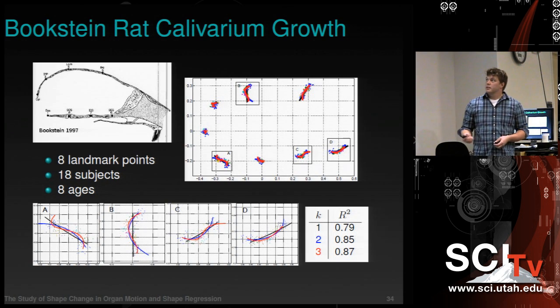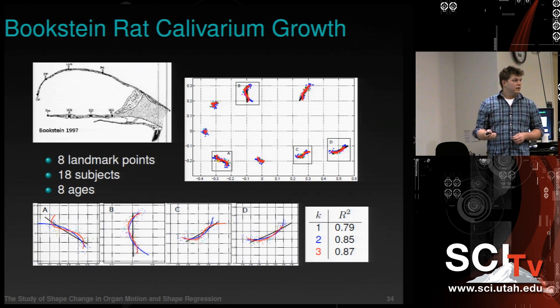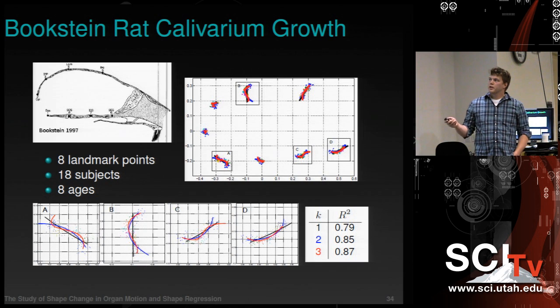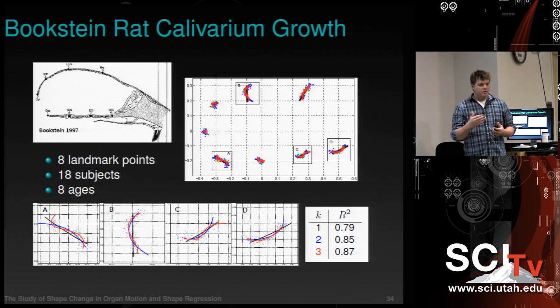So the first data set we looked at was this classical Bookstein rat data set. The calvarium is the top part of your skull without the jaw. 8 points around the skull on a mid-sagittal section were demarcated for 18 subjects at 8 different ages, up to about 150 days. And we're interested in finding patterns in growth.